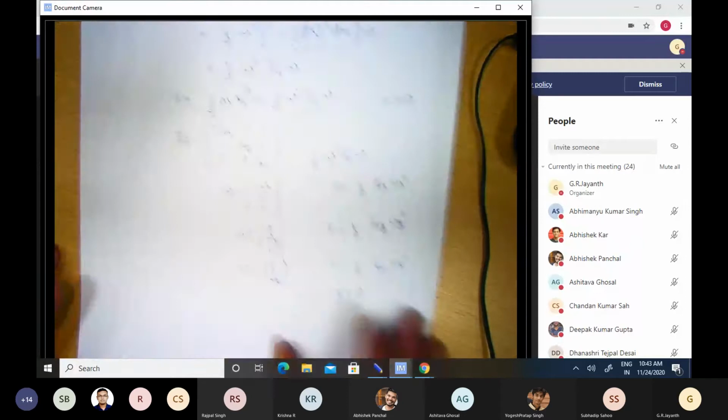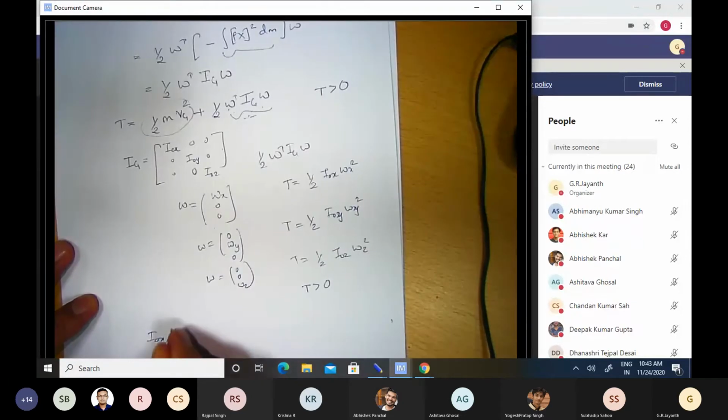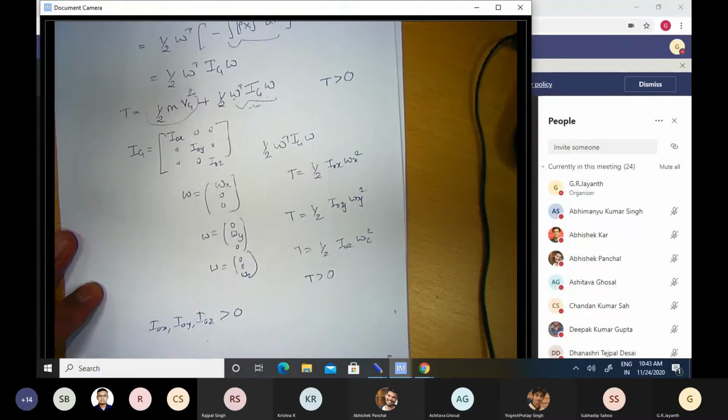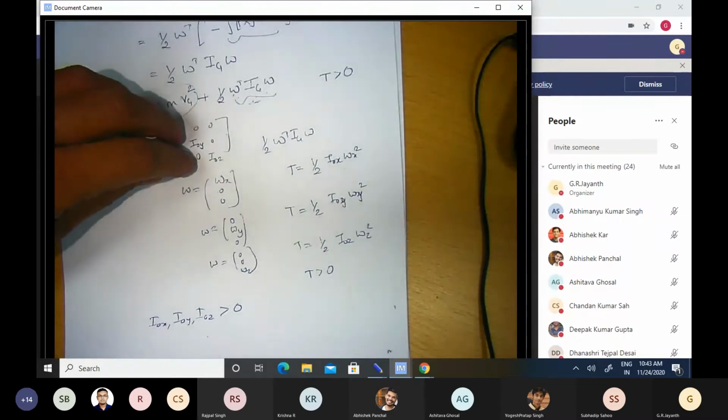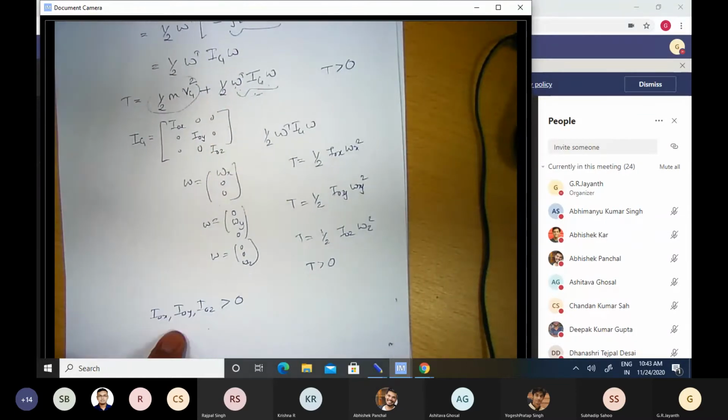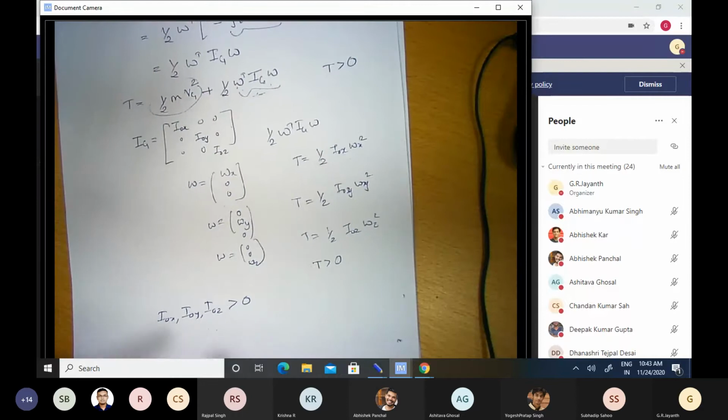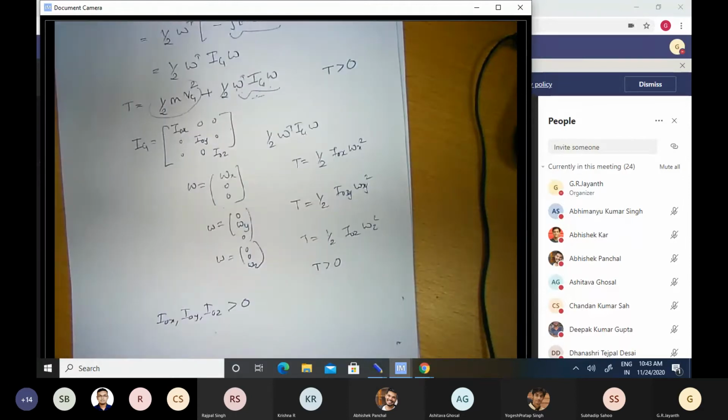So I0x, I0y, I0z should always be greater than 0. This is not necessarily true for a general symmetric matrix A, but for this special symmetric matrix, the inertia matrix, the principal moments of inertia, the eigenvalues of the inertia matrix, are not only real, but are also always positive. They're always greater than 0. Any questions about this?